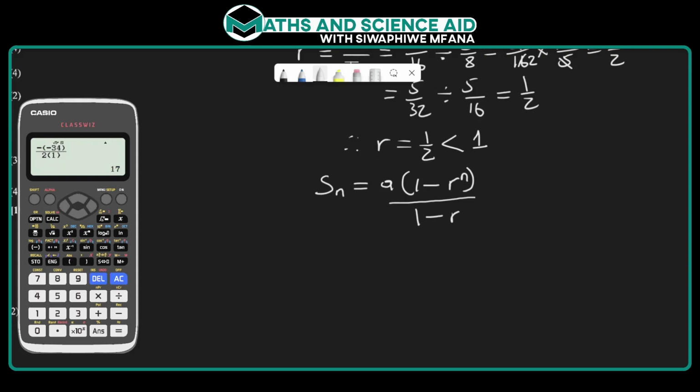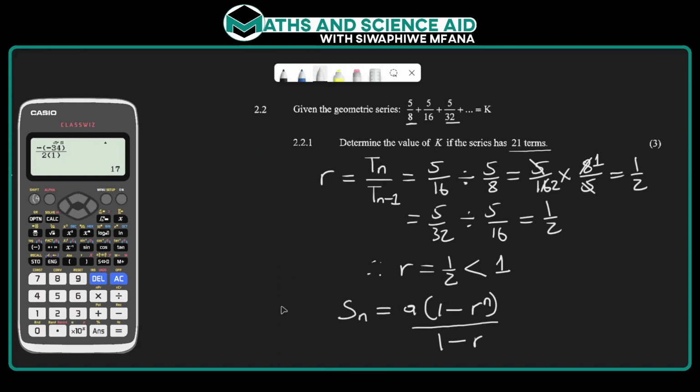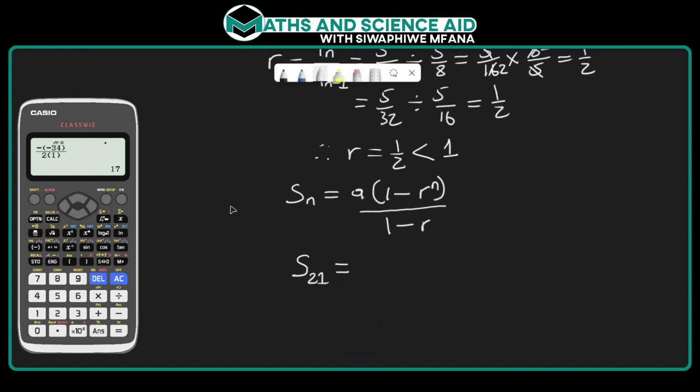So we want the sum of the first 21 terms in our geometric series. And our A value is 5 over 8. So for A, we have 5 over 8. So we multiply that by 1 minus our r, which is 1 over 2.